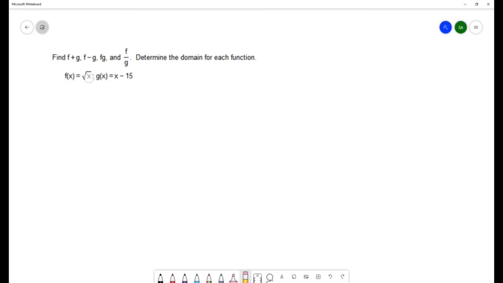f of x is a square root function, and we know that square root of a negative will produce imaginary numbers. Square root of 0 and square root of a positive will give us real numbers. So we can find the domain of this by setting the expression underneath the radical greater than or equal to 0 and solving.